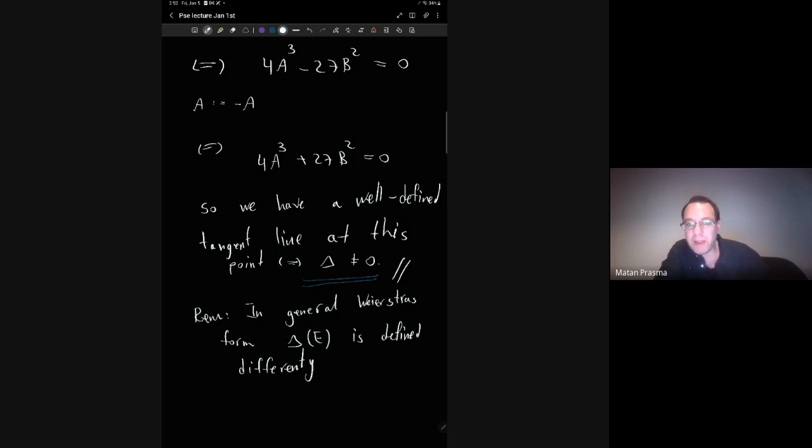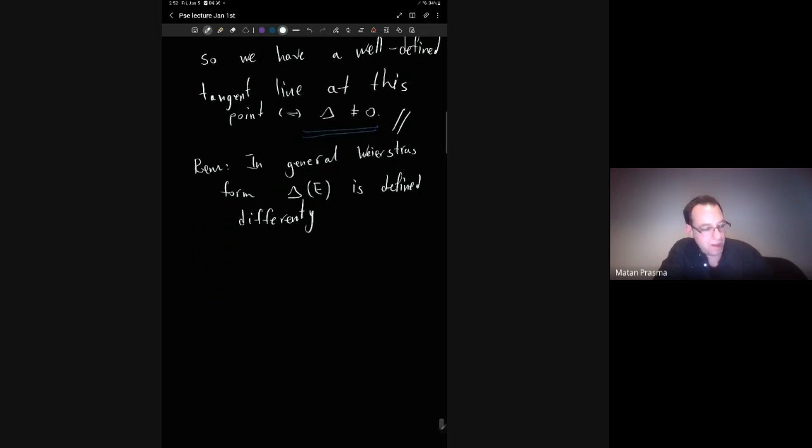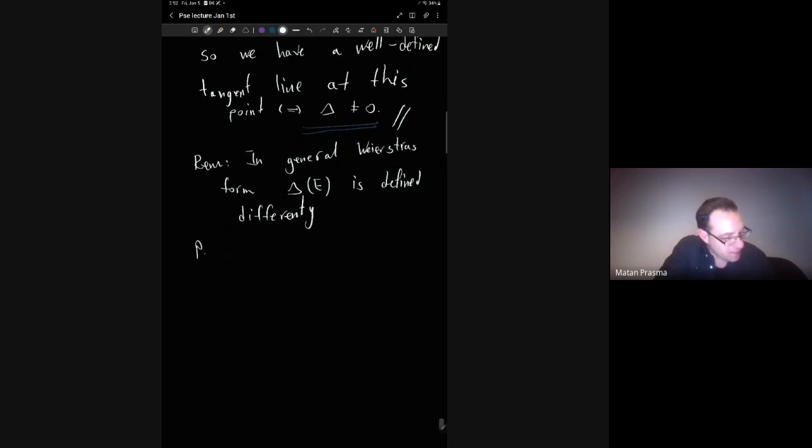And I want to finish today's session with the algebraic interpretation of this condition on the discriminant. This is the last proposition, which is true actually for all the fields we care about.